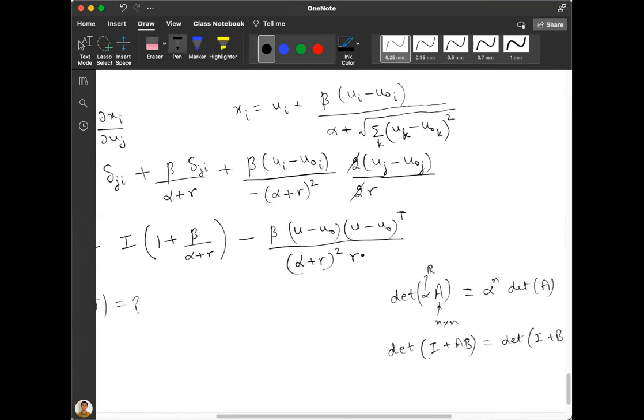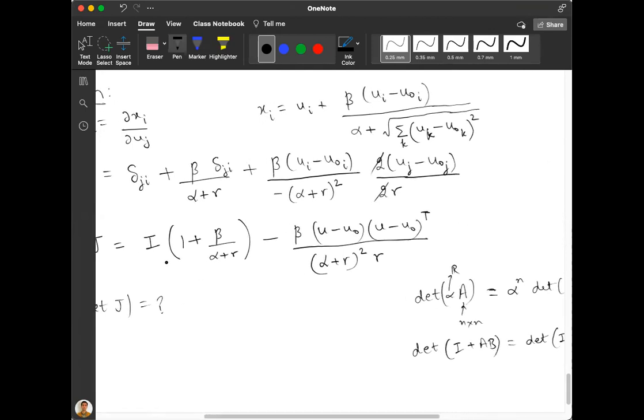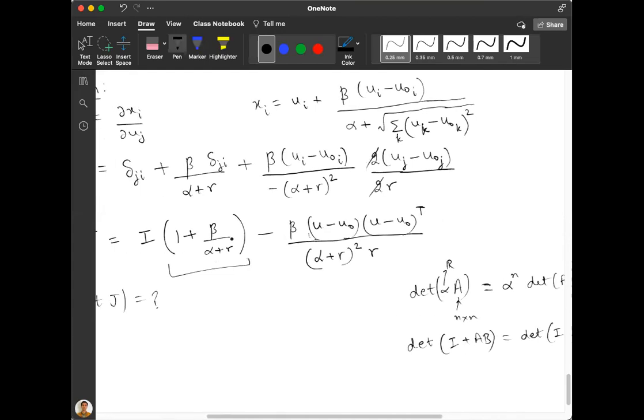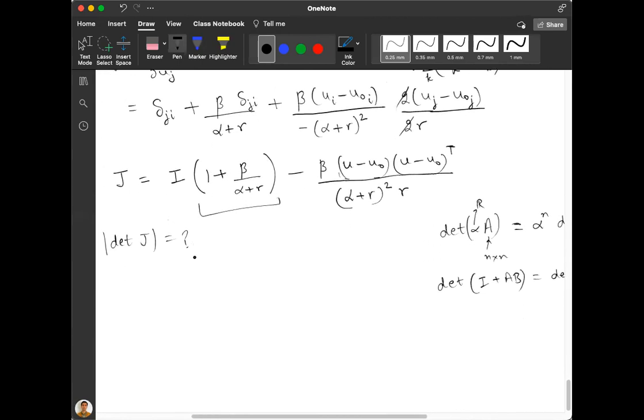But there is a scalar here, and there is an identity. So scalar times identity, and here also there is a matrix on the top and then some scalar. It can be converted into this form, but the only limitation is that there is a scalar here. So let's try to take this scalar out as common.